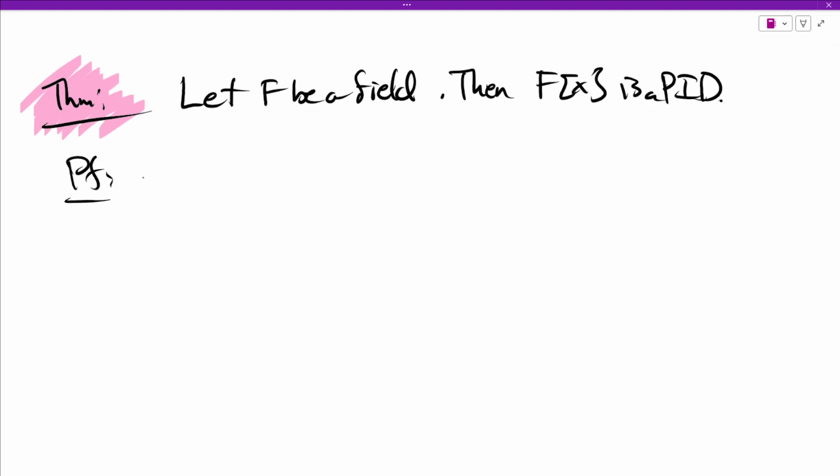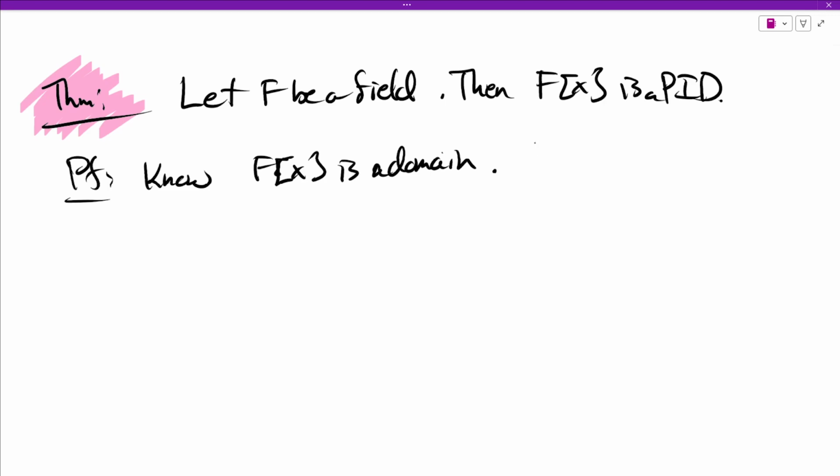Proof: well, we already know that this is a domain. We've been sort of using that Z is a domain in the previous proof, although I didn't write it out. So we know it's a domain because F is a field. In particular, F is a domain. So the ring of polynomials over a domain is a domain. We just need to show that all the ideals are principal.